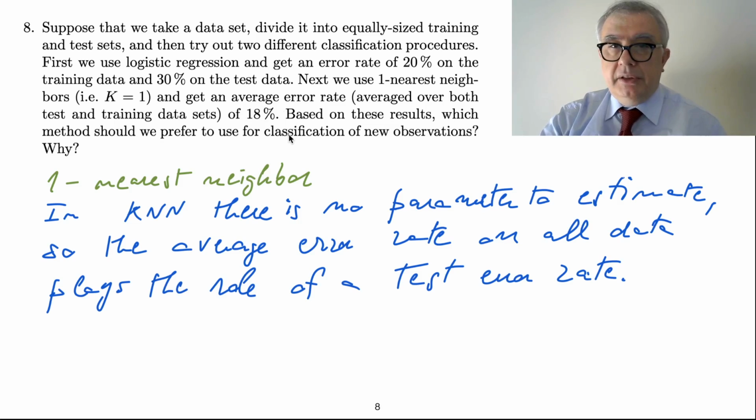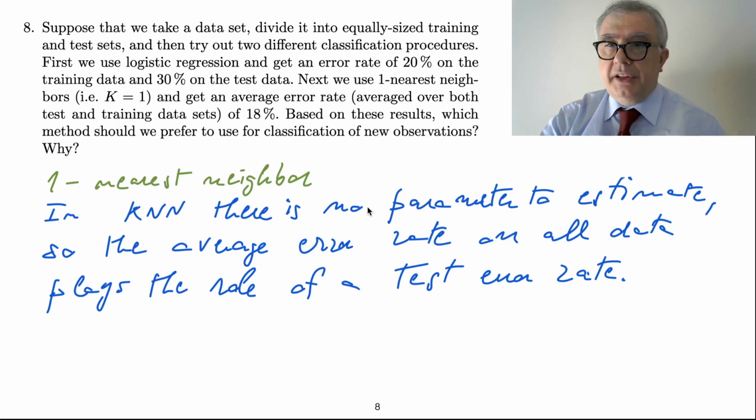My answer, but think about this if you have a different one, of course, is that I would use one nearest neighbor, and this is my reason. If I use k nearest neighbor, I'm not actually estimating parameters.